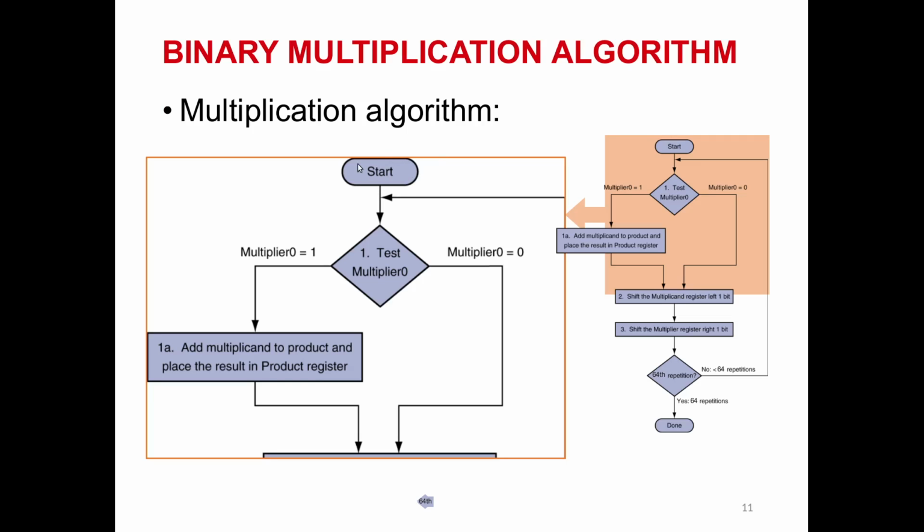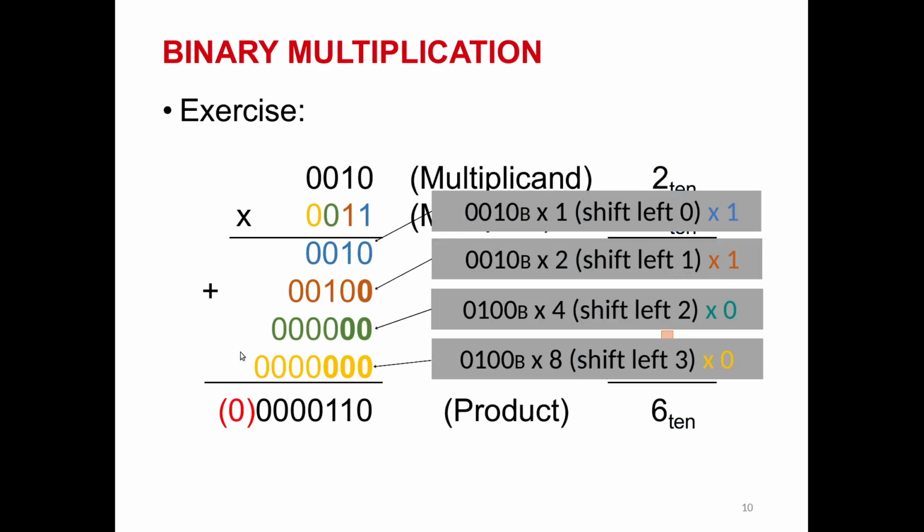We will start here, and at this time we will also initialize our product by 0, and then we will test the first bit 0 of the multiplier, whether that value is 0 or 1.